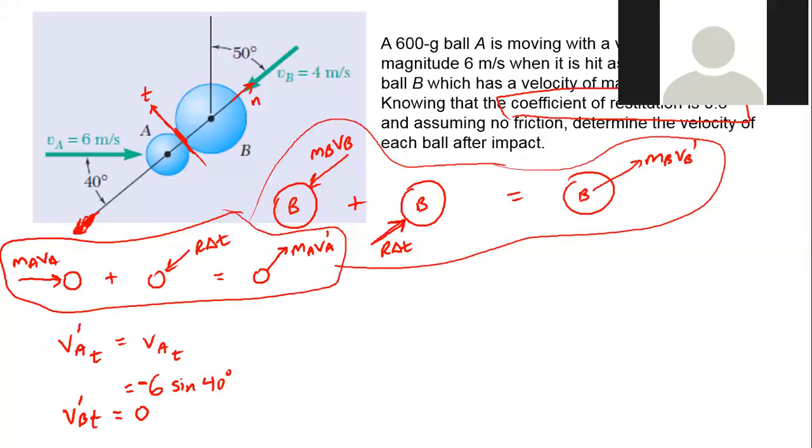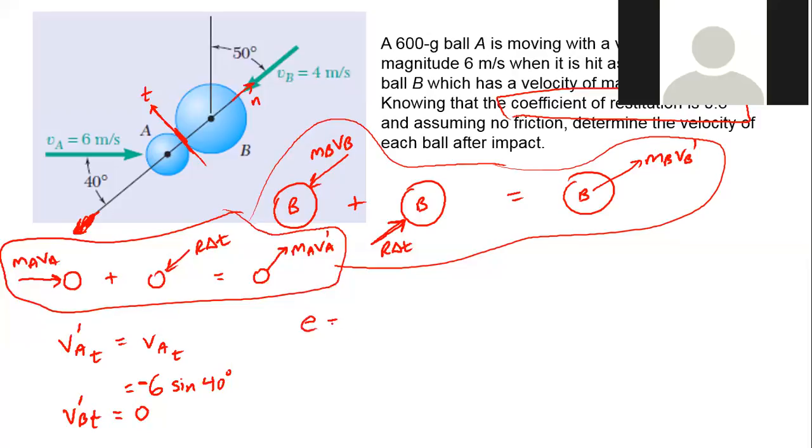So what's another relationship you can use? The equation with E is what I was trying to use to get another equation.